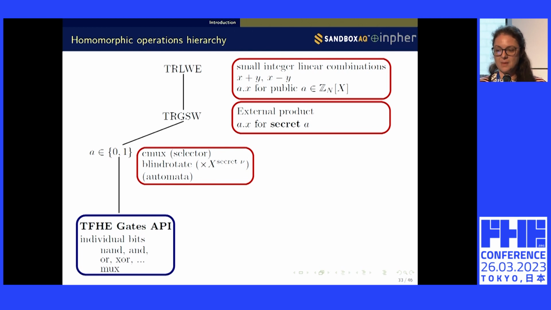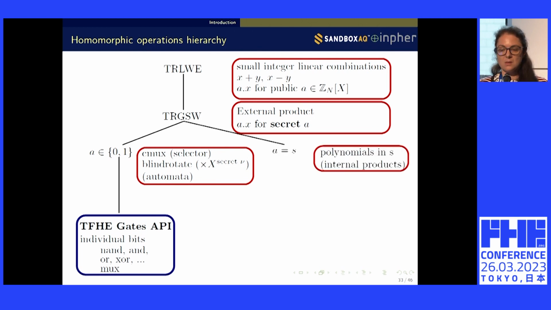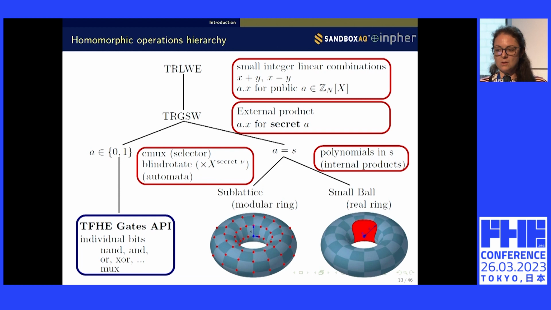And now what if A is the secret key? That means if we take a polynomial in S, as we said before, we can perform an internal product, and that unlocks two other APIs depending on the plaintext space, the sublattice, or if we are in the small ball in the torus.